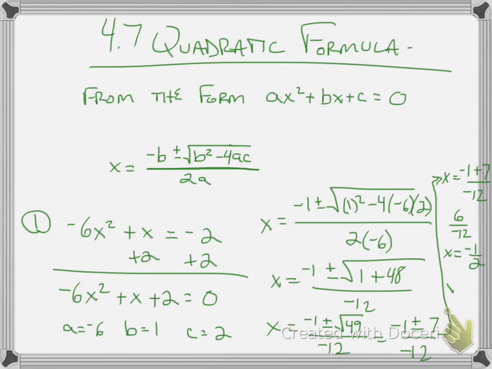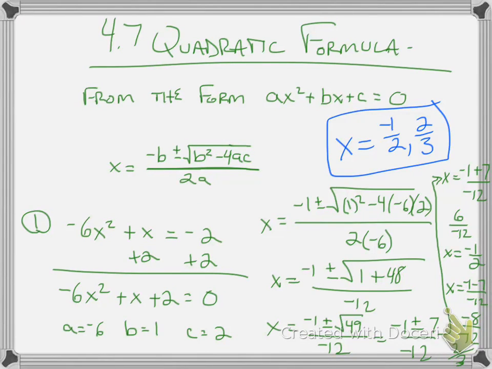My next part is going to be negative 1 minus 7 divided by negative 12. Well, that's going to be negative 8 divided by negative 12, and that reduces by 4 to negative divided by negative is a positive, and that's going to become positive 2.